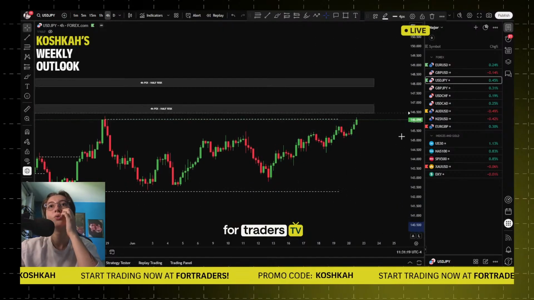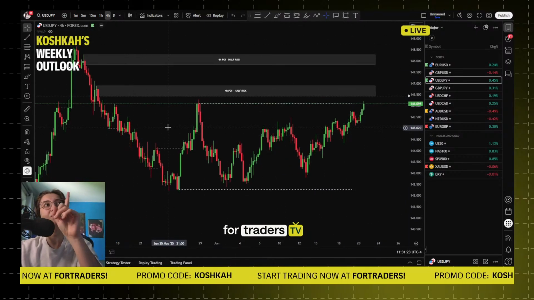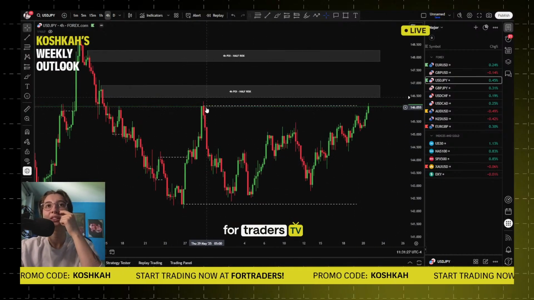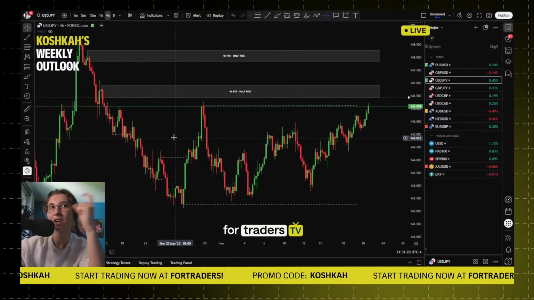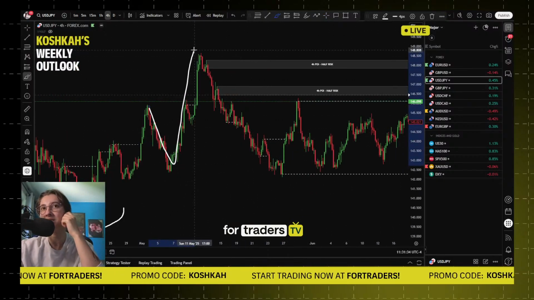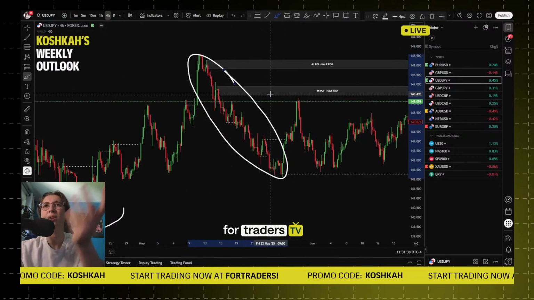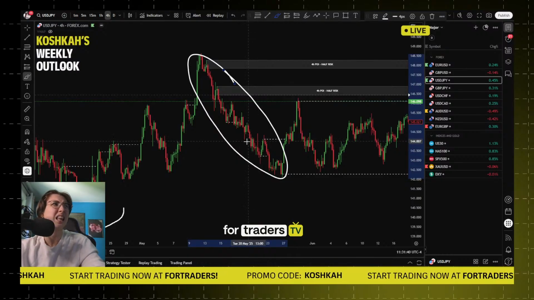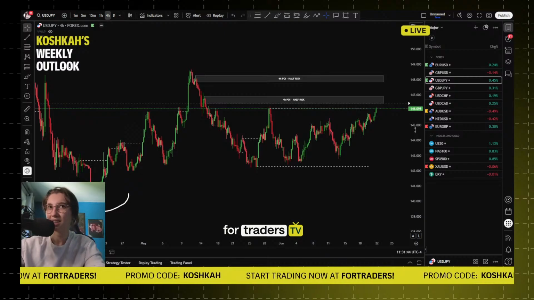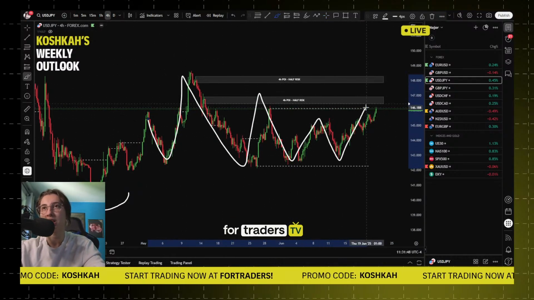Now, on the 4 hour, it's getting even more confusing for one specific reason: the range is not clear, because here we have a pretty aggressive momentum, but at the same time we had a really aggressive momentum to the downside too. It's like they're counterbalancing each other. If you zoom a little bit, you'll see that overall this looks like a consolidation.